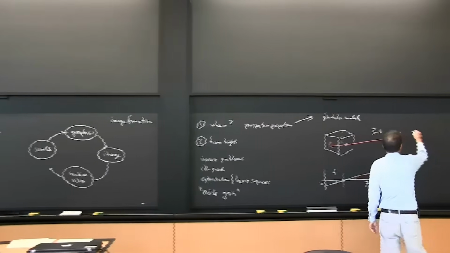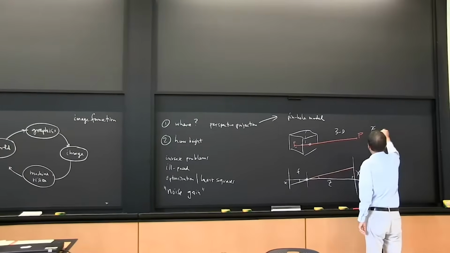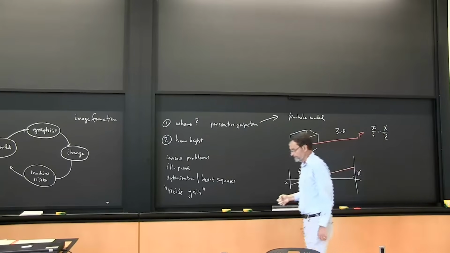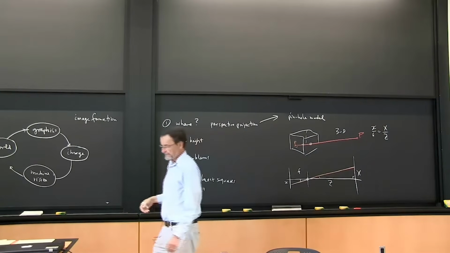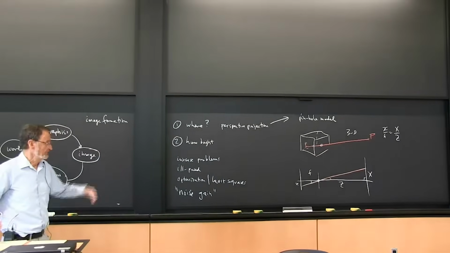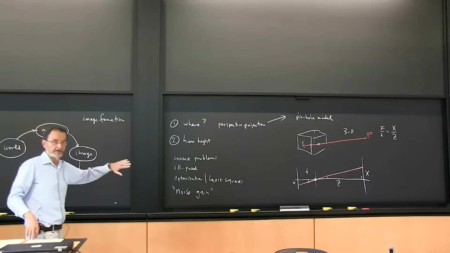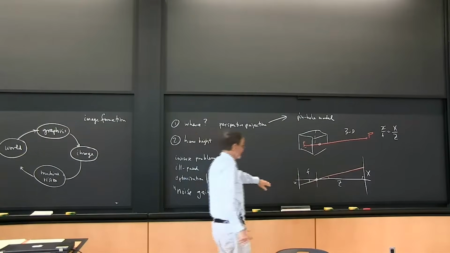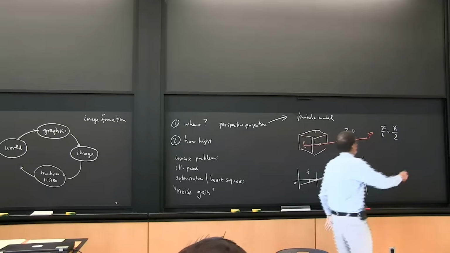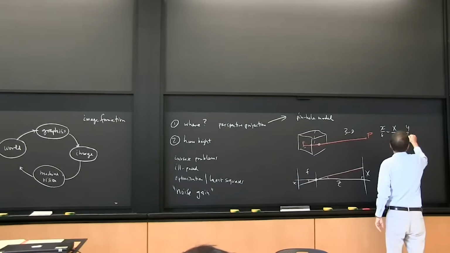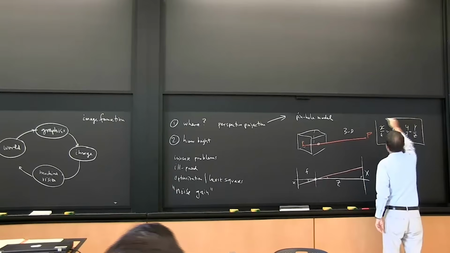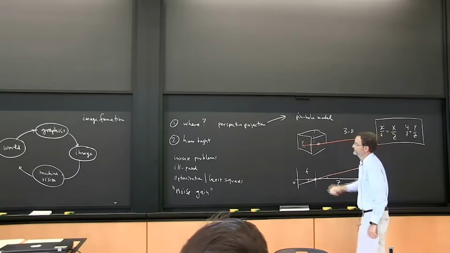So we can immediately write it down. And now, although this isn't completely kosher, I can do the same thing in the y plane. I can draw the same diagram, just slice the world in a different way, and I get the companion equation. And that's it. That's perspective projection.